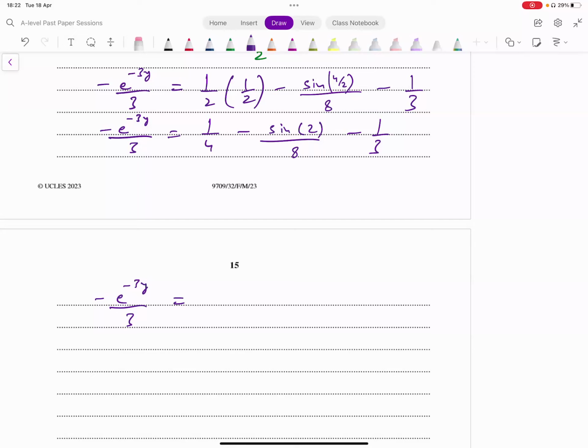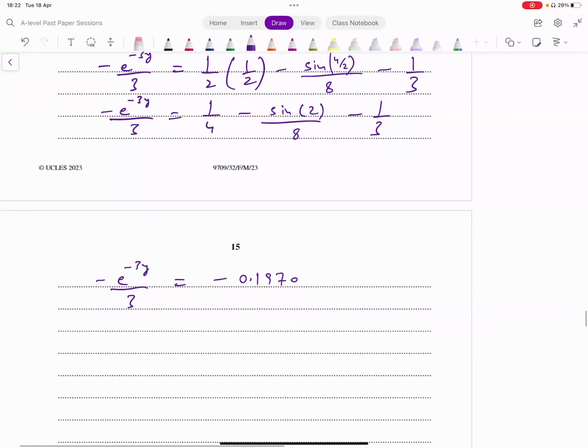On the right side I'm getting minus 0.19699. Essentially, rounding off, after 99 comes 5, so it becomes 0.1970. Okay, cancel the minus signs.